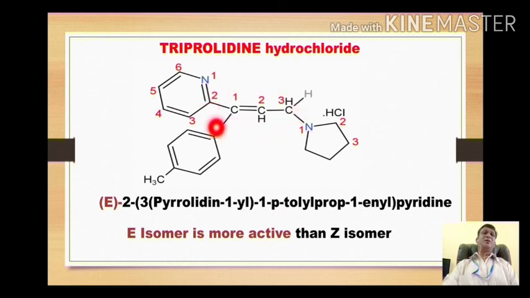This 3-carbon chain is containing a double bond, so it is propene and is attached with the position number 1. So it is called a prop-1-enyl pyridine. Now, as I mentioned earlier, that E isomer is more active than the Z isomer.